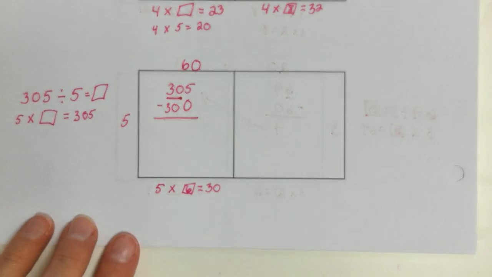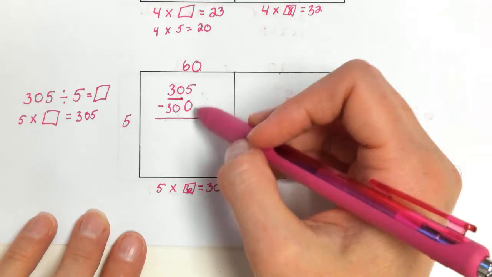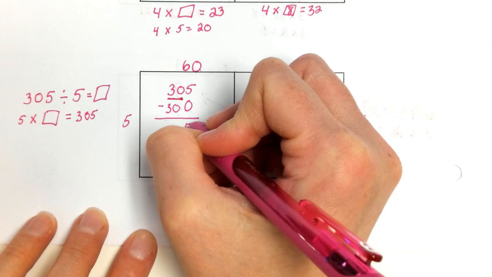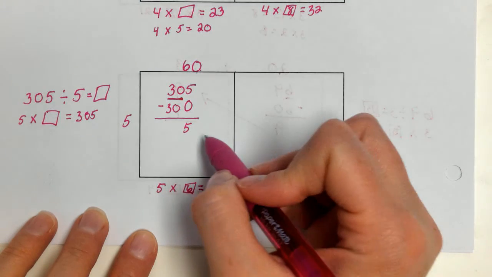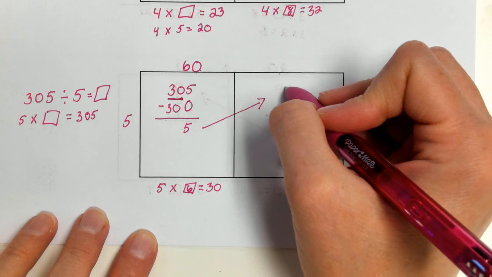All right, 305 minus 300? Good. What am I going to do with my 5? Take it to the ones.